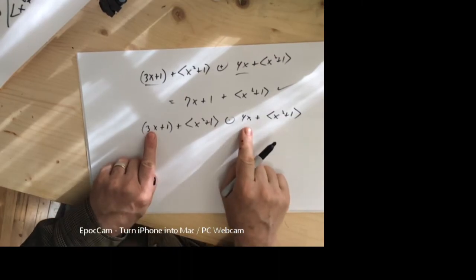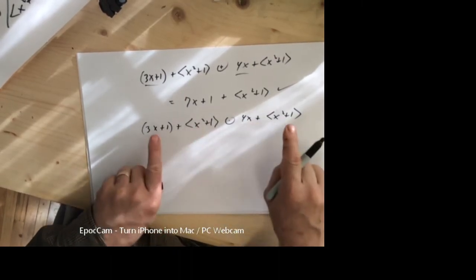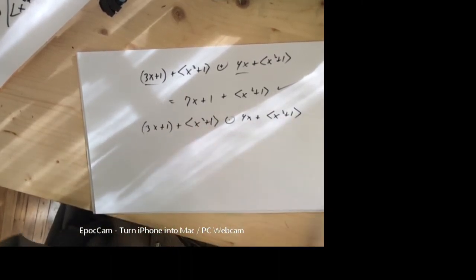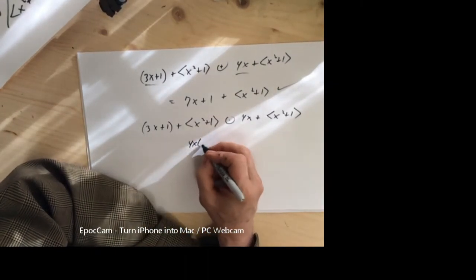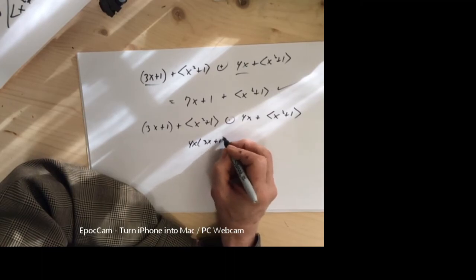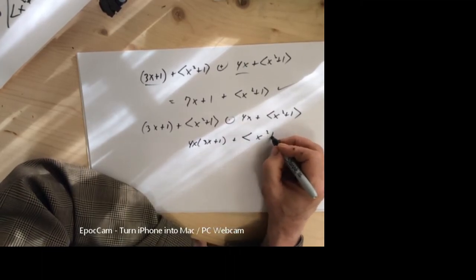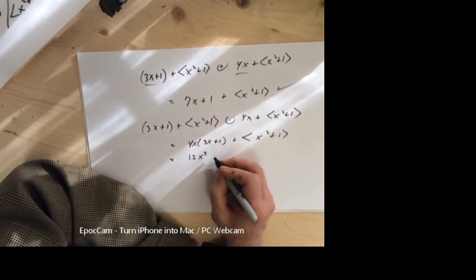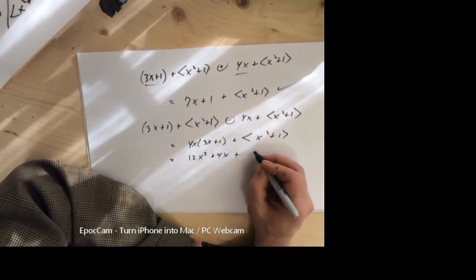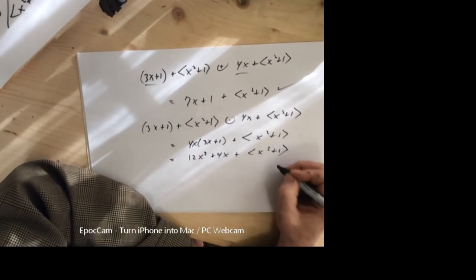you multiply the names. This absorbs in there, this absorbs in there, this absorbs in there. This ideal property, the I's just suck everything in. This is going to be 4x times 3x plus 1 plus any multiple of x squared plus 1. But this is going to be 12x squared plus 4x plus any multiple of x squared plus 1.